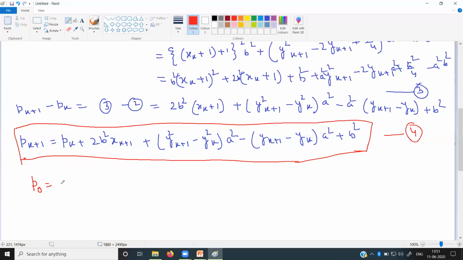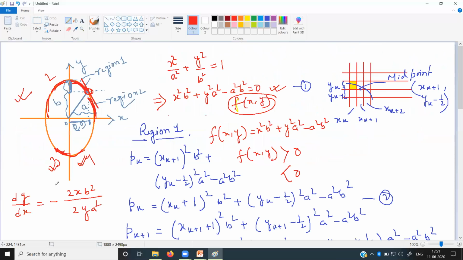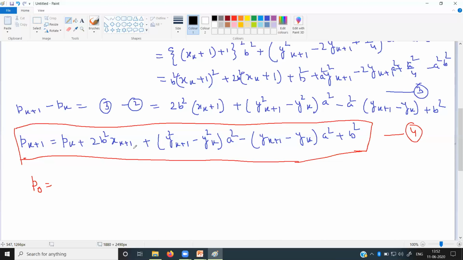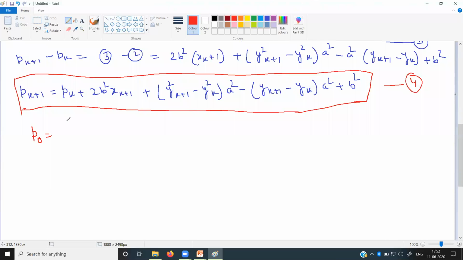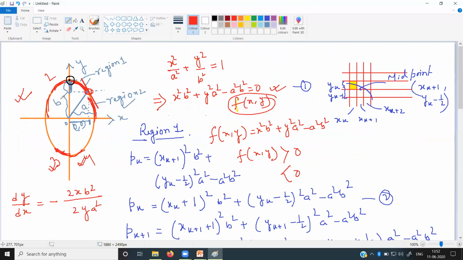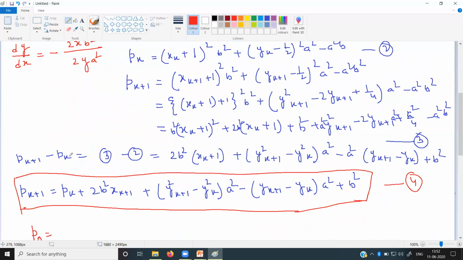The initial decision parameter will be p0, and you can see from this image p0 means this one, the first point, the point at this position. Here I have to find the initial decision parameter p0. What is the value? This is the y-axis. On the y-axis, all the x values are 0. So the value is 0 comma b. Clear?